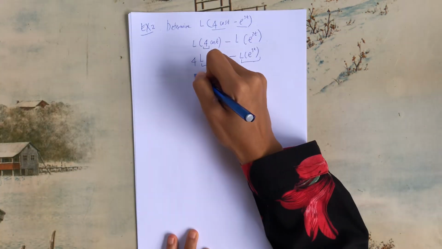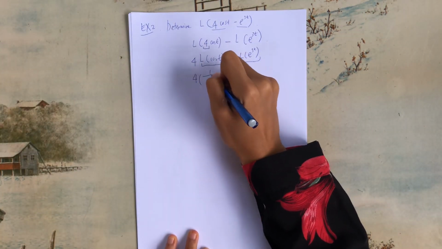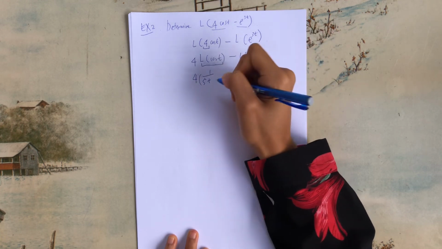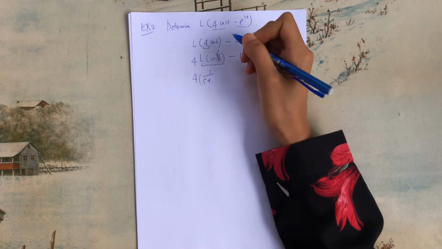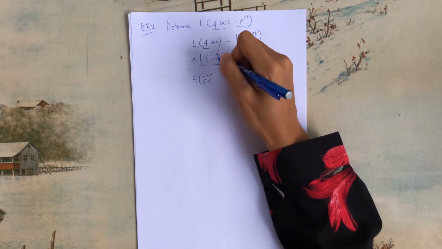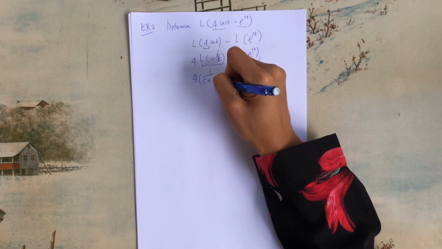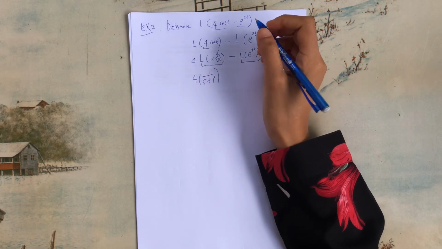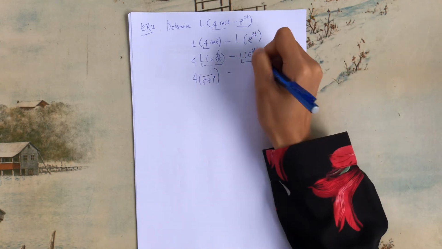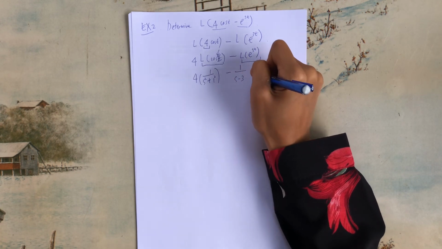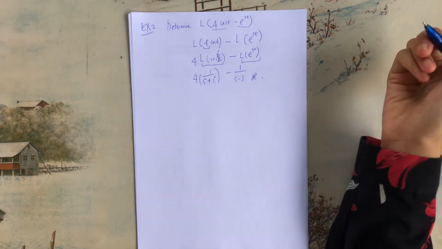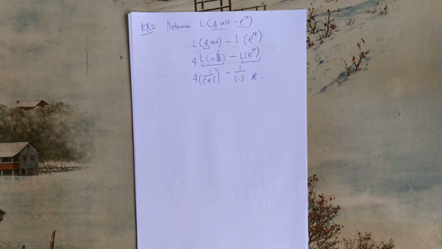So what is your a here? Here it is 1, so it's still there, it's a 1. So we get s over s squared plus 1, minus, for the exponential, 1 over s minus 3. This is the answer.